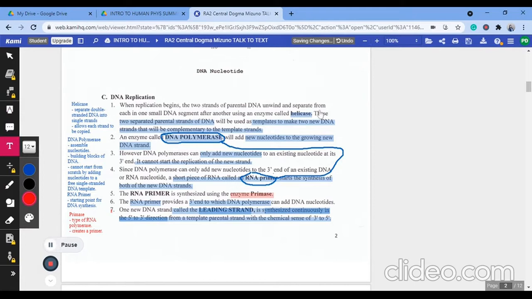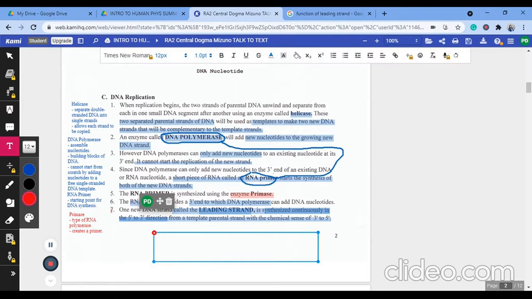Okay. So in that case, the leading strand is kind of like the parent strand of the DNA, because it runs in the 3 to 5 direction, as it says here, and it is continuously replicated by the DNA polymerase.